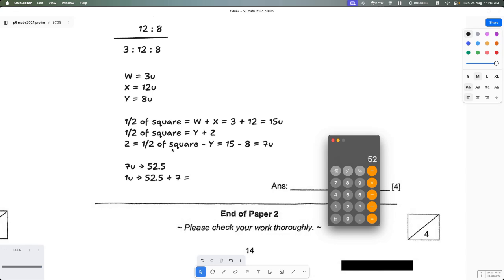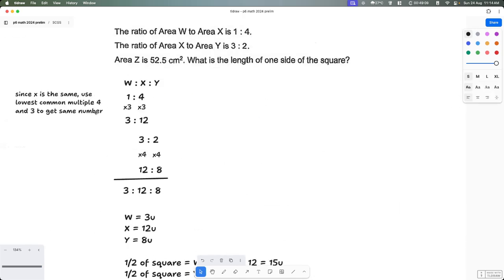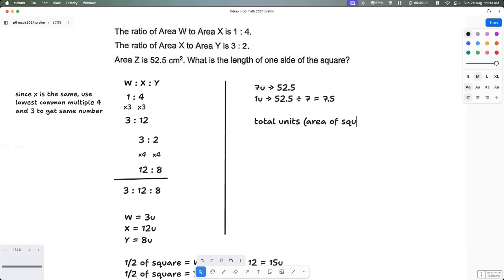Let's use the calculator. That is 7.5. For the total units, which is also the area of the square, it is 15 times 2, equal to 30 units.